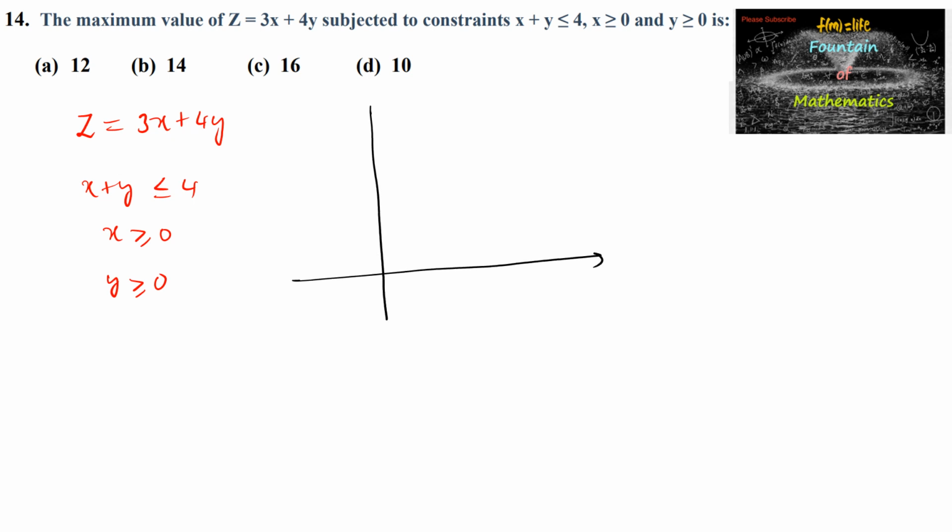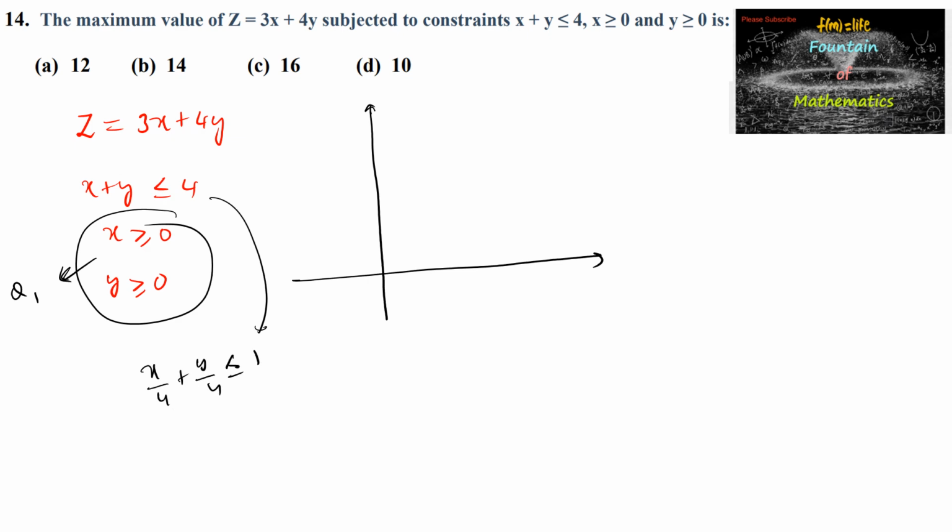Since x is greater than or equal to 0, y greater than or equal to 0, which implies the shaded region or the solution is in quadrant 1. So x plus y less than or equal to 4. So we can write x upon 4 plus y upon 4 is less than or equal to 1. So we have the intercepts: x intercept is 4, that is 4 comma 0, and the y intercept is also 4, that is 0 comma 4.